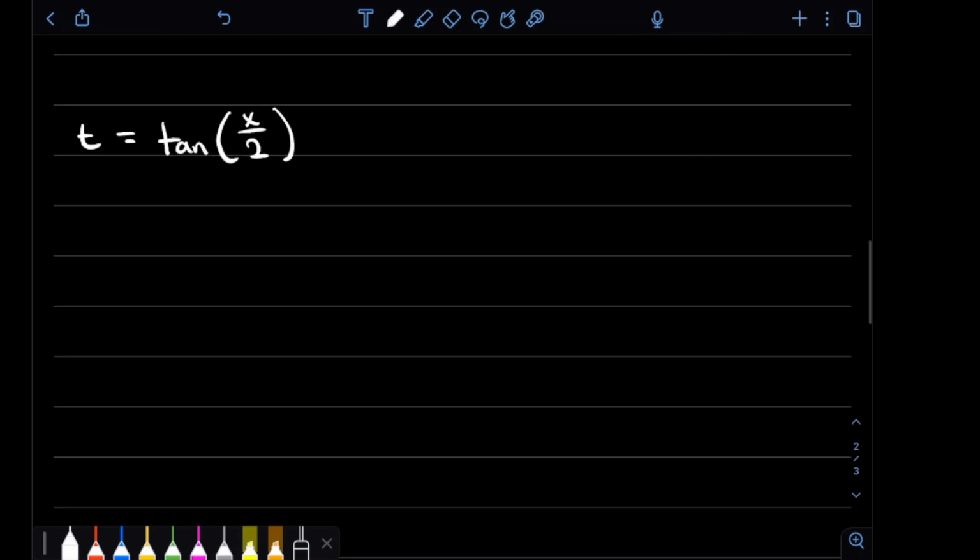All we need to do is first construct a right triangle with a straight line, with an angle of x over 2. And notice, I'm going to rewrite this as t over 1. If we look at this in terms of trigonometric ratios, tangent of x over 2, this angle here, the tangent is opposite over adjacent.